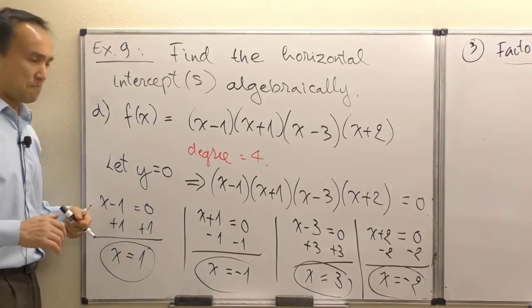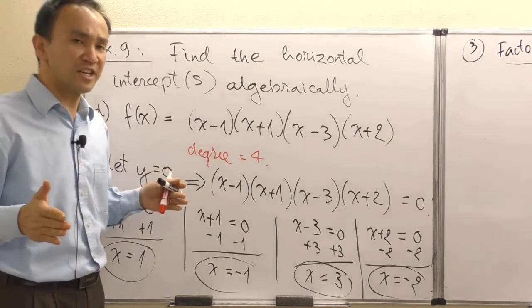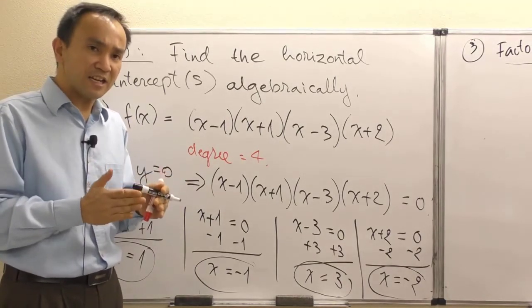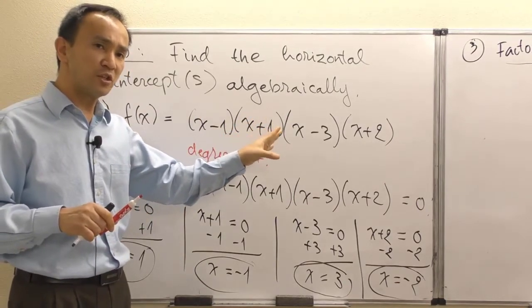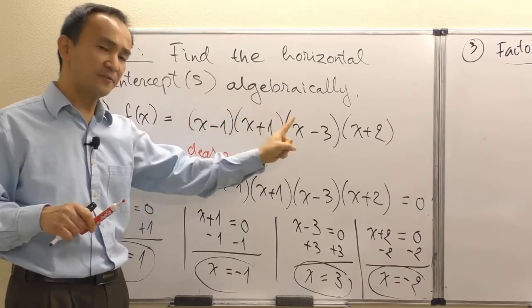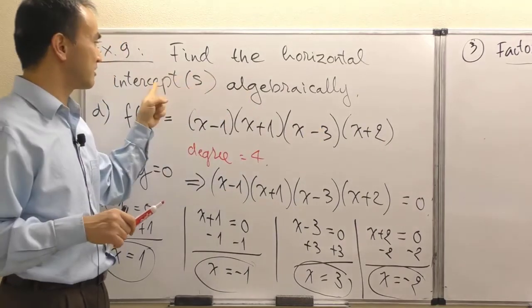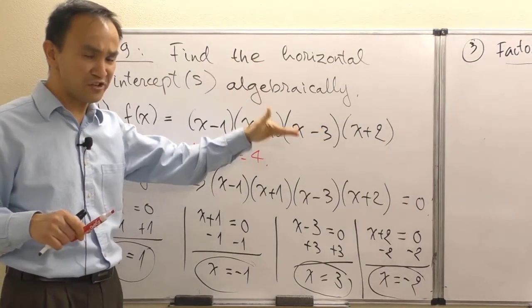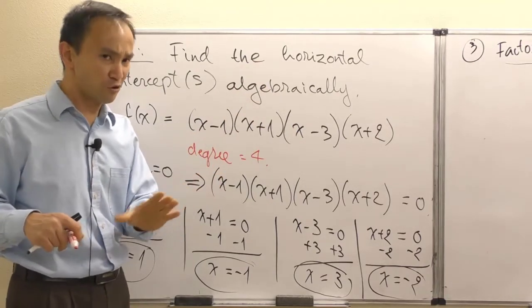This entire example 9 is simple in the sense that it reinforces the fact that once you can successfully put your polynomial in factor form, we can easily find the horizontal intercepts algebraically. My intention here is to find the horizontal intercepts completely without a graph.